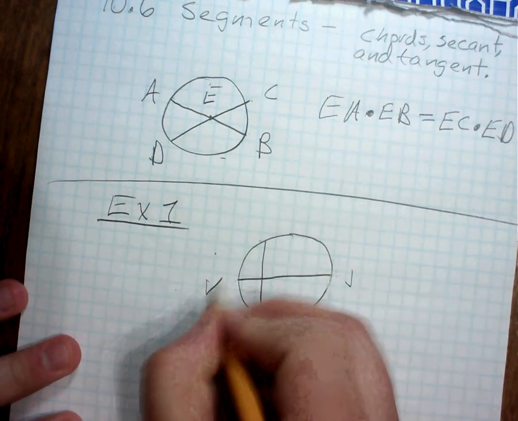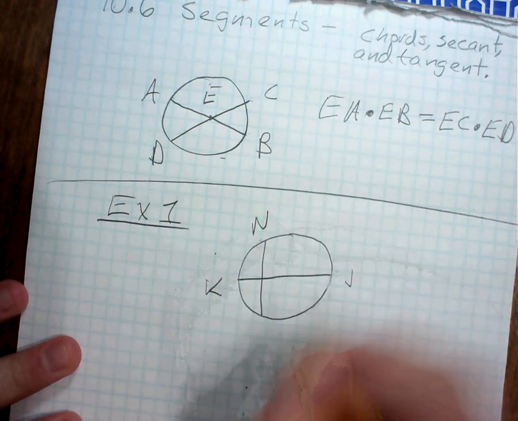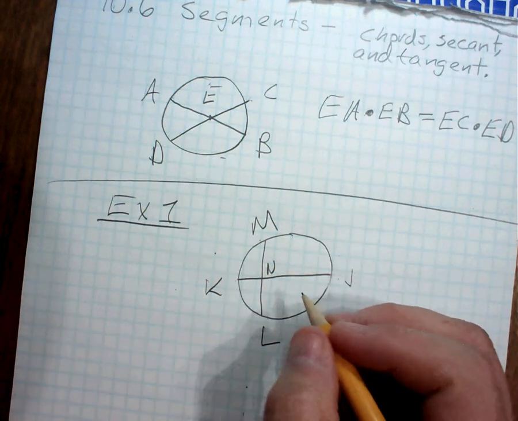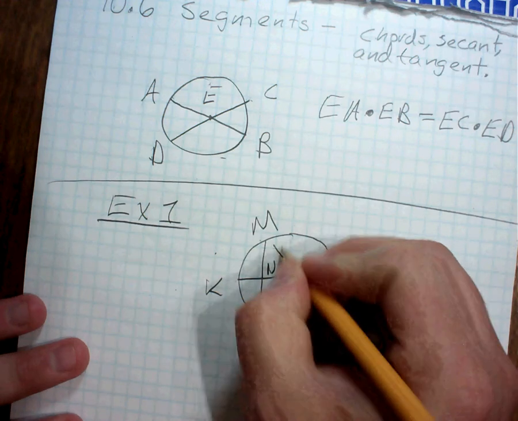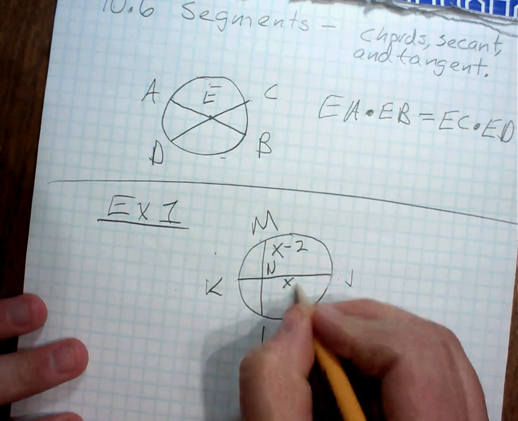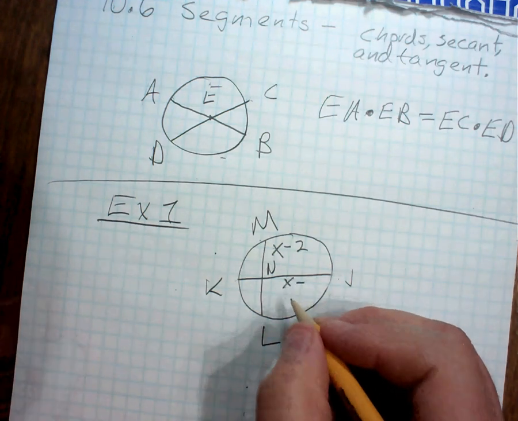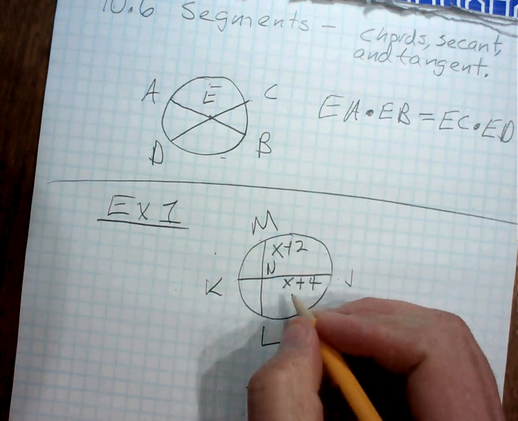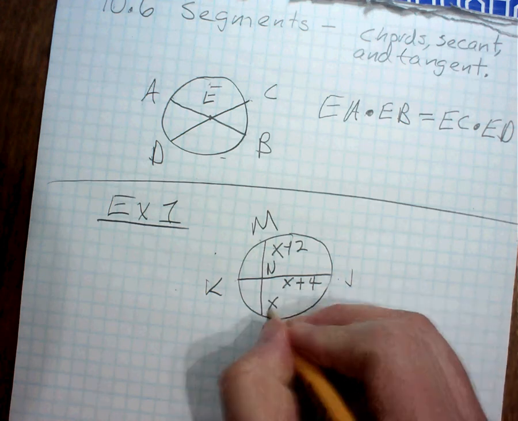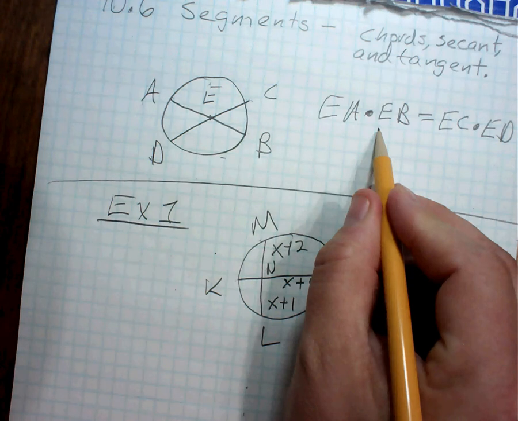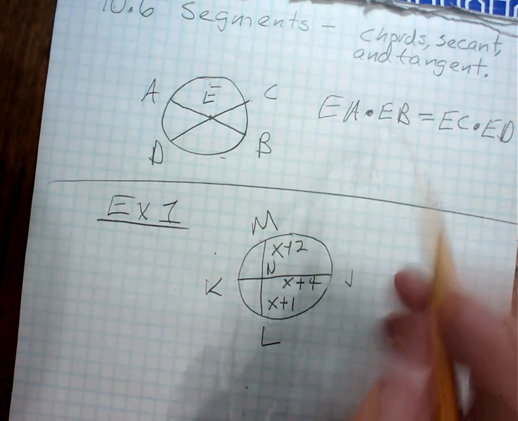So this is J, this is K, this is M, this is L, and then this little point right here is N. And then we're told that this line segment here is x minus 2, this one is x plus 2, x plus 4, and x plus 1. Okay? And so what we're told is that this property applies. And then we're told this is x.